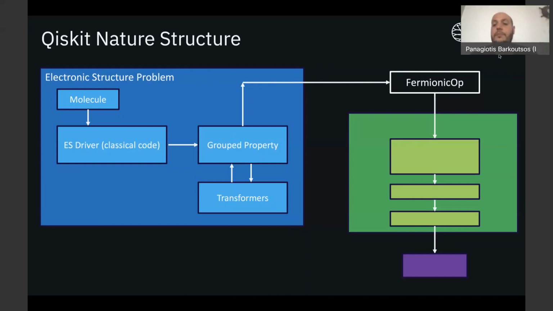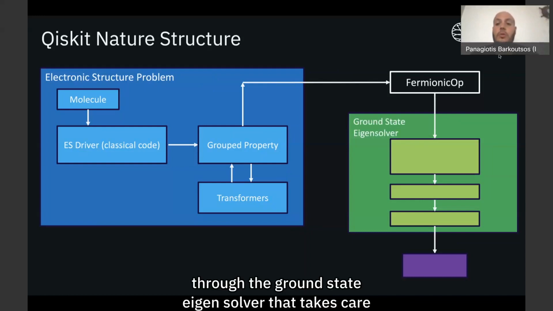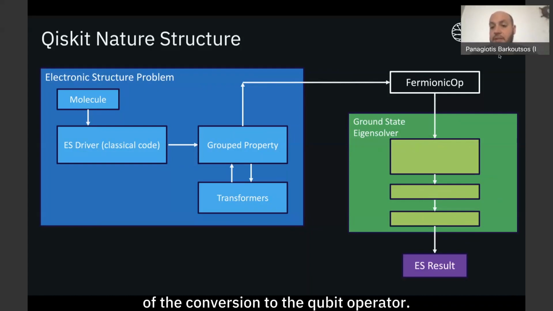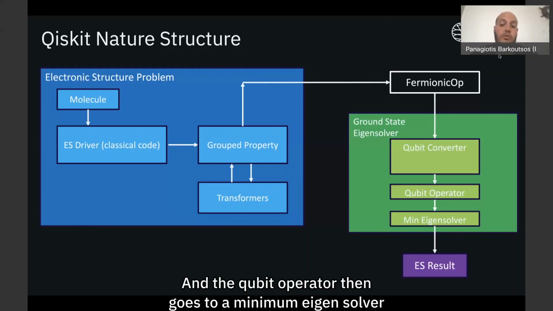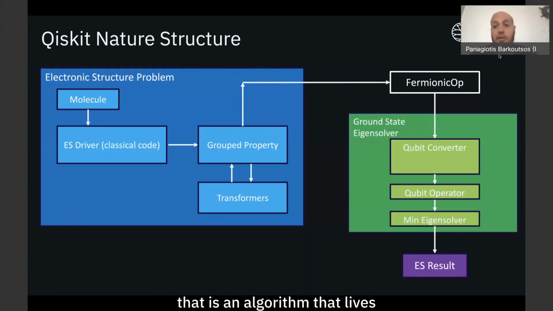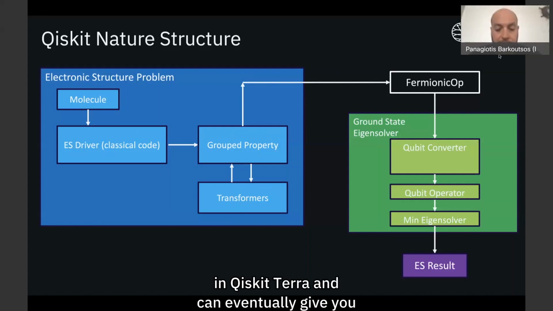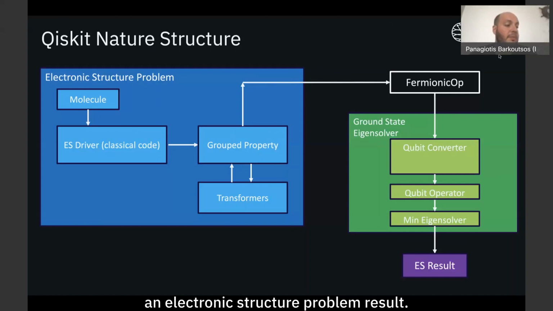the fermionic Hamiltonian. The fermionic Hamiltonian goes through a ground state eigensolver that takes care of the conversion to the qubit operator, and the qubit operator then goes to a minimum eigensolver, an algorithm that lives in Qiskit Terra and can eventually give you an electronic structure problem result.